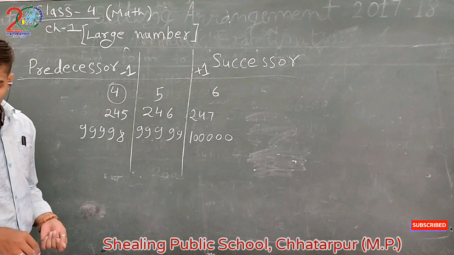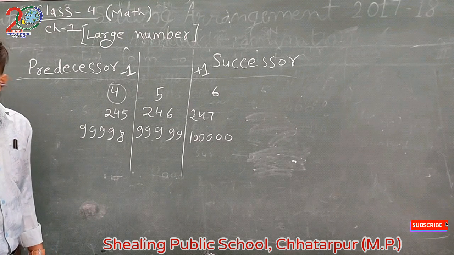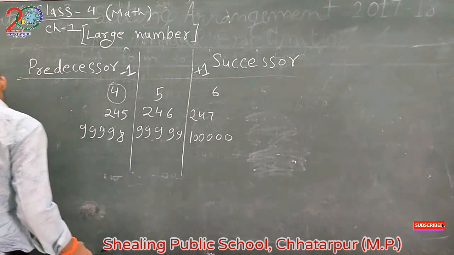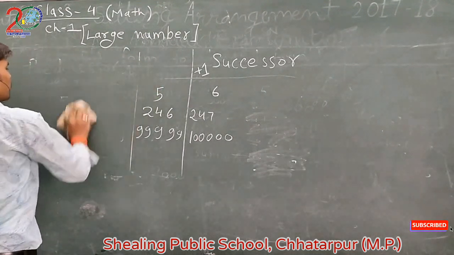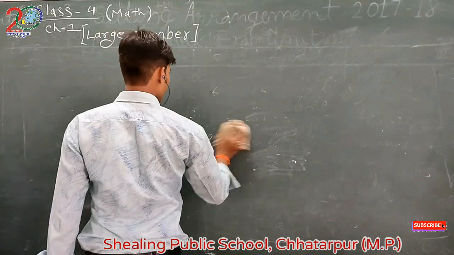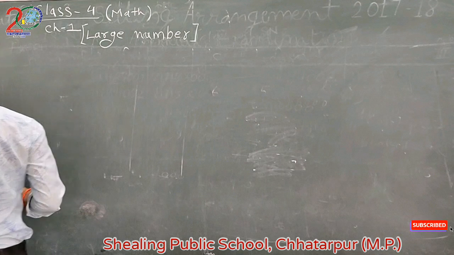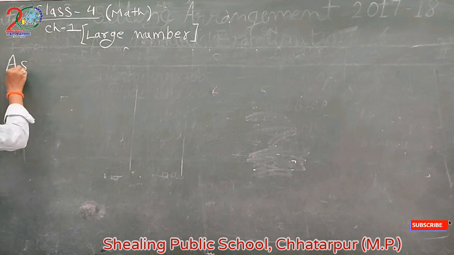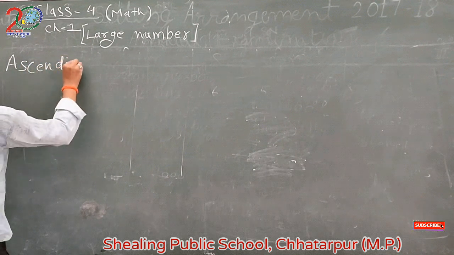After that, how to write down the value in ascending order and descending order. So now we explain how to write down the ascending order.